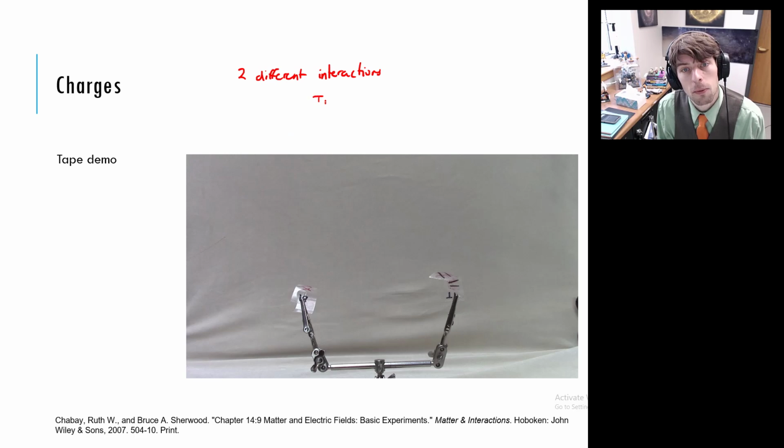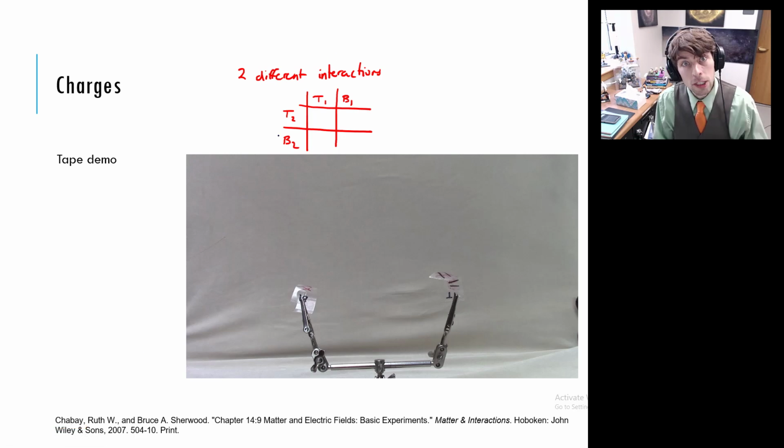We could say the top one and the bottom one, and the top two and the bottom two, representing the two different pieces and whether it was on the top or bottom. And you notice that if it's top and top, we notice one type of interaction, particularly a repulsion. And the same thing if we had a bottom piece and a bottom piece, again, we notice that that is a repulsion.